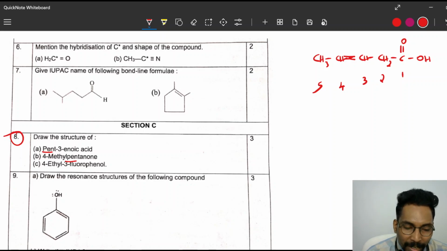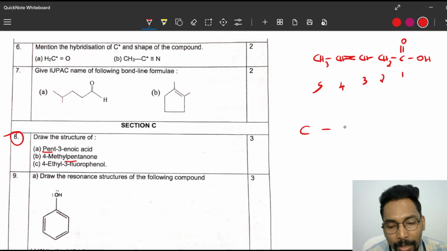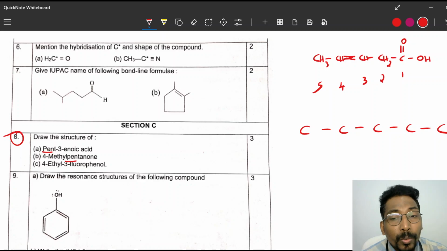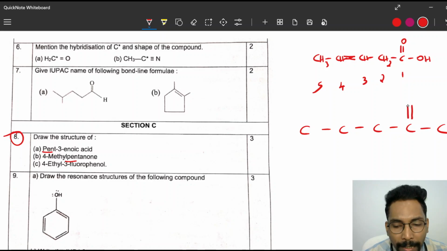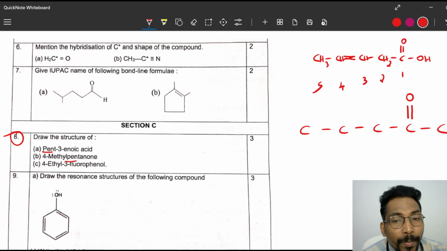Pent-3-enoic acid. Okay. So we can try the next one. 4-methylpentanone. So again 5 carbons. So 1, 2, 3, 4, 5. Which is the functional group here? Functional group is ketone because pentanone. So C double bond O. I think you know that a ketone group will always be present in the middle of 2 carbon atoms.